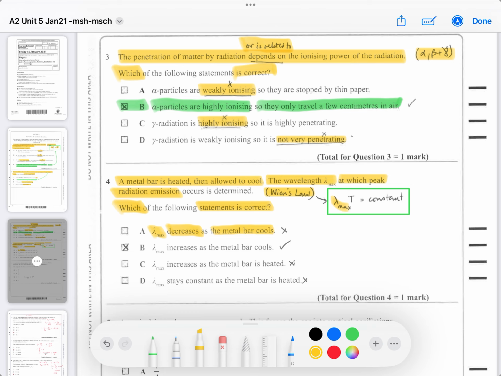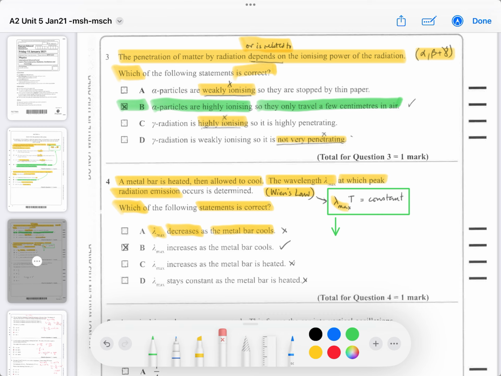Remember that according to this formula, if lambda max decreases, the temperature must increase because they've got to multiply and give a constant. So which way will temperature go? As the metal bar cools, temperature goes down. The other arrow must go up.